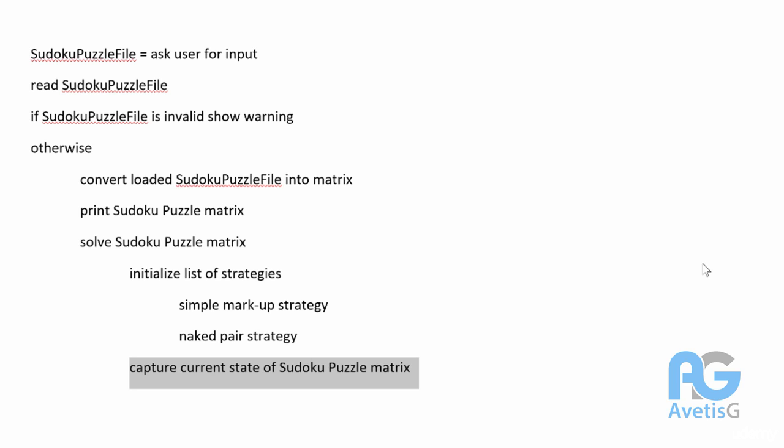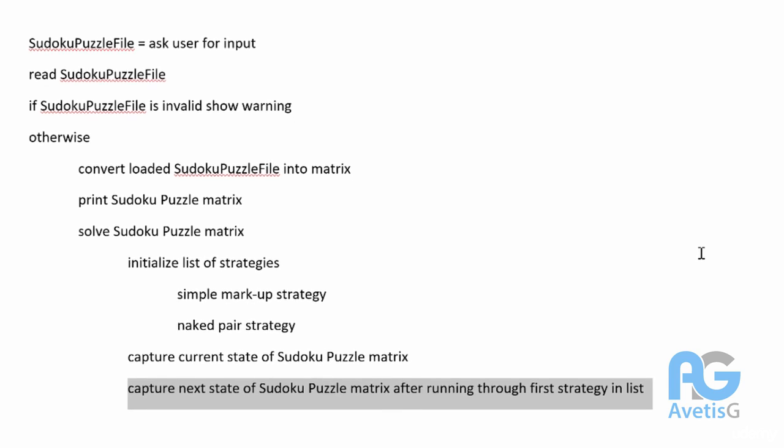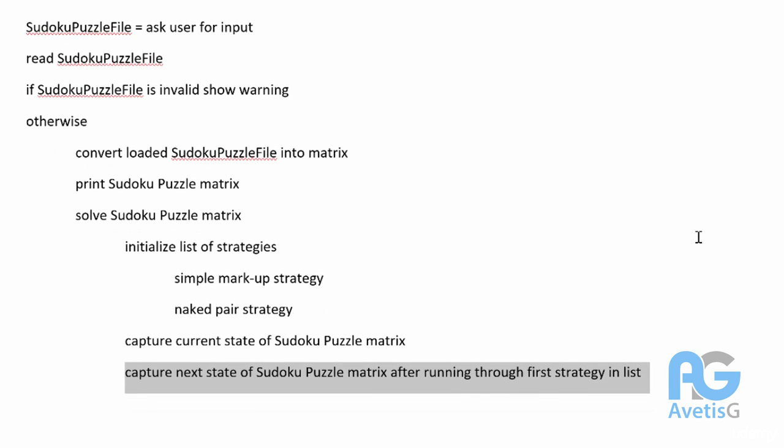We're going to use a simple markup strategy and a naked pair strategy. After that, we're going to capture the current state of the Sudoku puzzle file. By state, we mean the state of the board, so how everything is lined up. Then we capture the next state of the Sudoku puzzle matrix after running through the first strategy in the list.